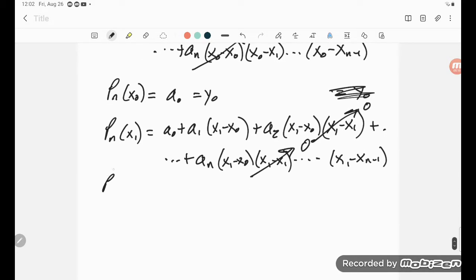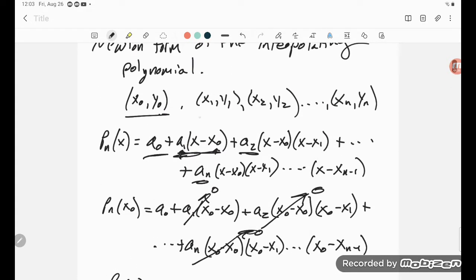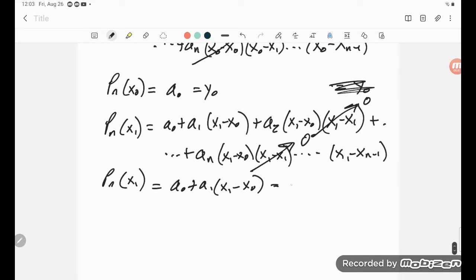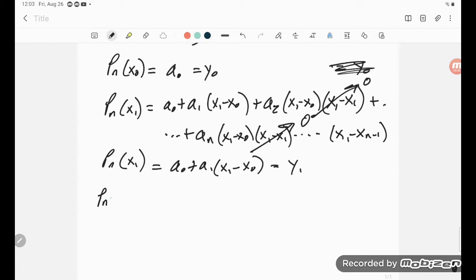And so we see that if we take Pn of x1, that simplifies down to a0 plus a1 times x1 minus x0. But again, that's the point here. If we put in x1, we've got to get out y1. So we get y1. So similarly then, if I did Pn of x2, well, I'm going to get that a0 term.